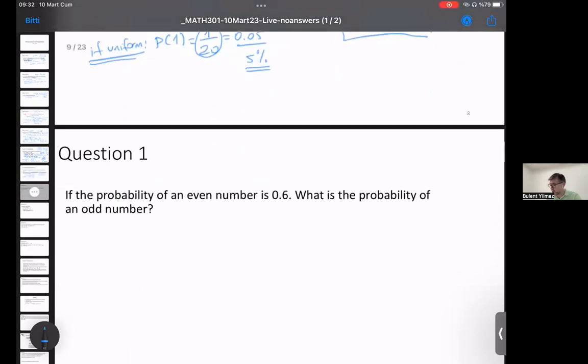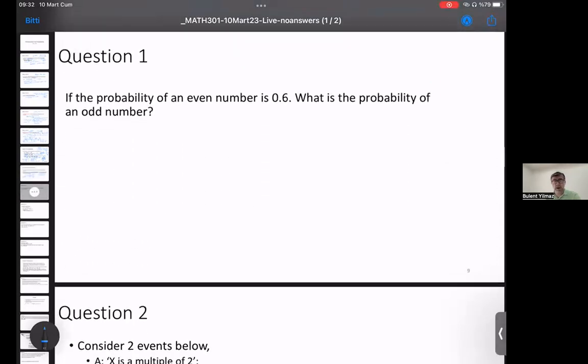So let's go to the first question. I want you to look at it and tell me the answer in the chat. The question: if the probability of an even number is 0.5, what's the probability of an odd number? Exactly, you are clever, guys.